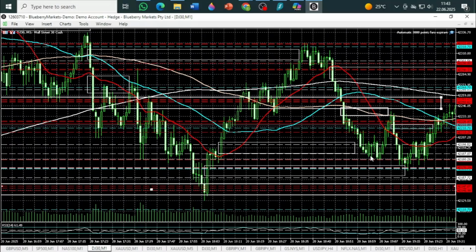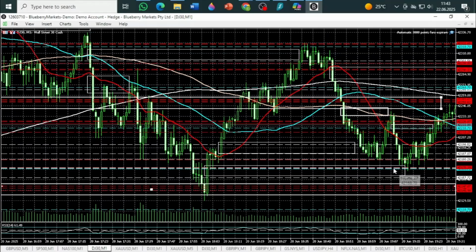We have a rejection until a new fair value gap forms here. A rejection until here. This is going down until the final fair value gap from here.